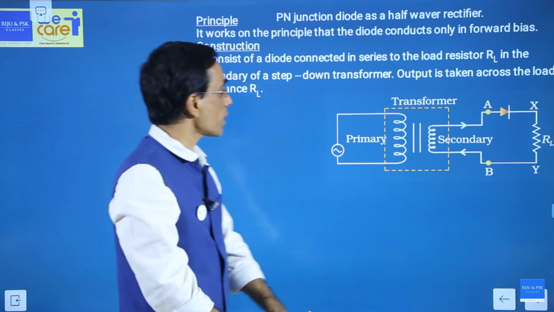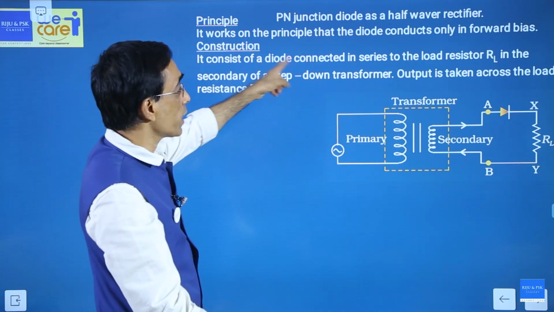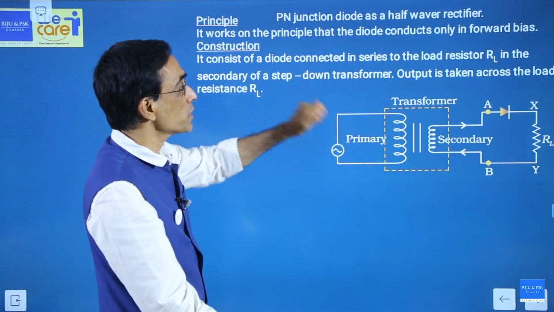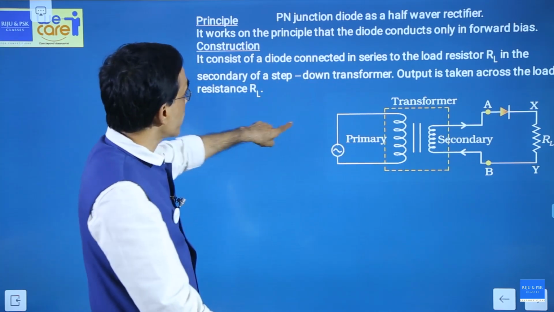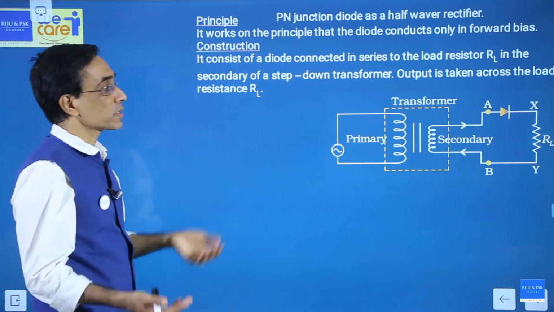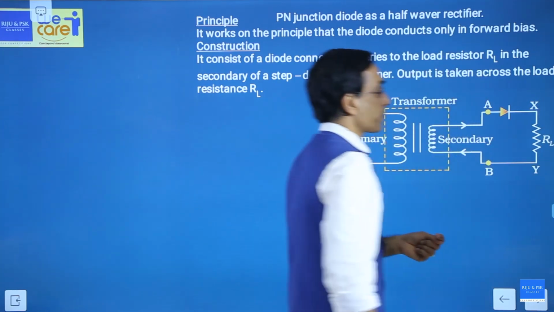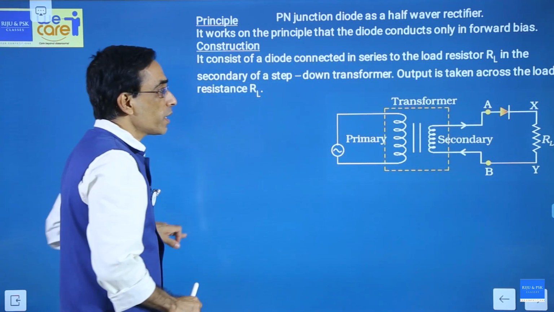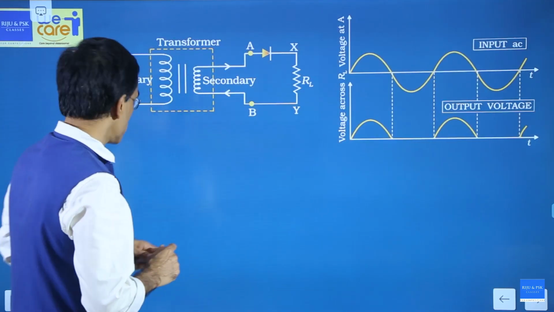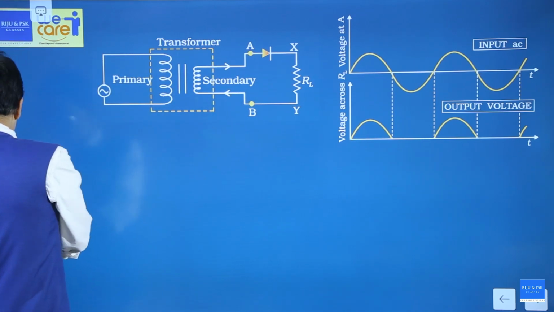Now this is the structure. So it consists of a diode connected in series to the load resistor in the secondary of a step down transformer. Output is taken across the load resistance. Output, the required voltage is taken between X and Y. Now you need to study the working of this. Working. It's very simple.